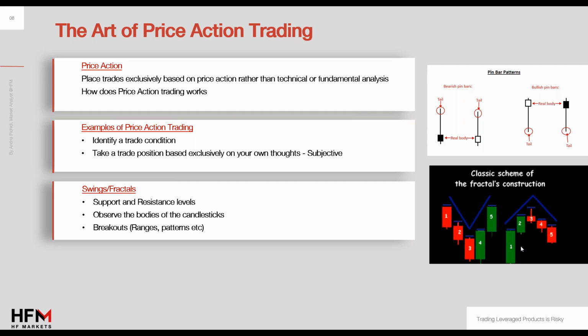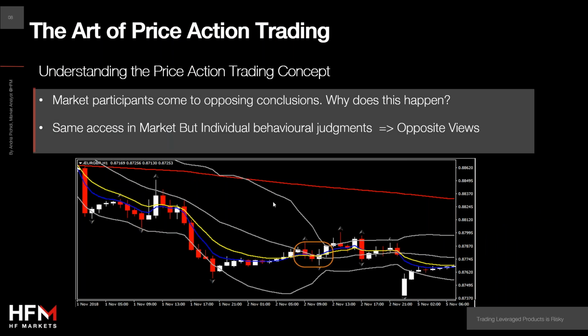For instance, sometimes short-term or intraday traders watch for a price to break out from a prior price that occurred at high volume before taking a long position. But that's an example. I will demonstrate it in a chart, so don't worry about it. Okay. This is how you can understand the price action concept a bit.